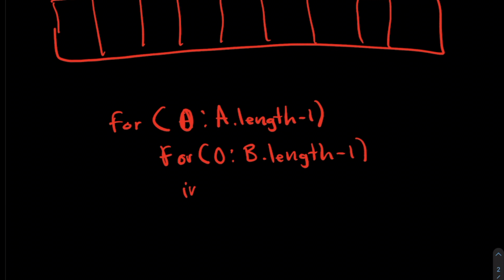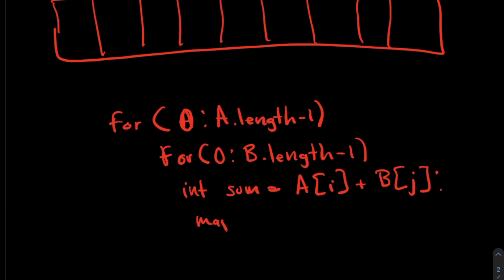So then sum is equal to a of i plus b of j. We're just going to add up the first 2 values. We're going to iterate through the first 2 arrays, grab the values, and add them together. And then after we're done adding them together, we're going to do a map.put.